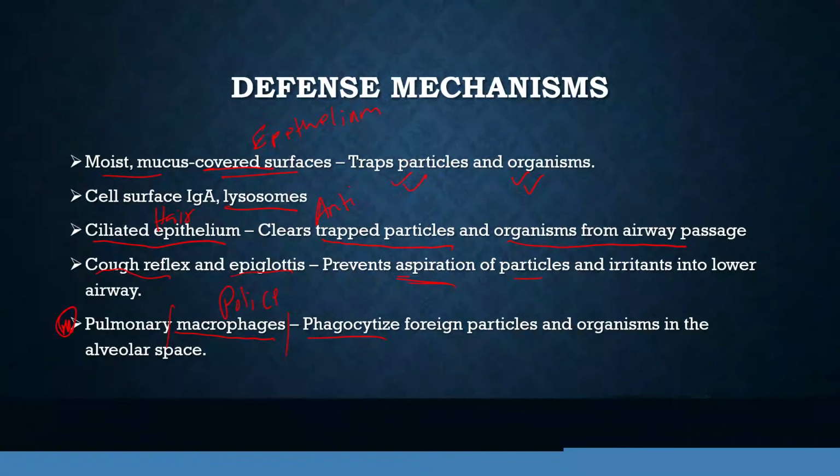This one here is a preventive mechanism in the pharynx or the throat. And then the cilia, this is throughout all the way from the nasal cavity to the trachea, because in the trachea we also have cilia. And then for the antibodies, we have them all the way from the nasal cavity to the air sac, the alveolus.